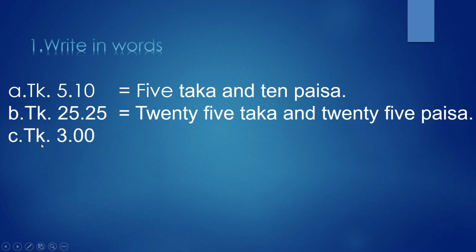Number C, taka 3, only 3. After that, 2 zeros. That means there is no fraction of paisa, only 3 taka. So no need to write these zeros in words.